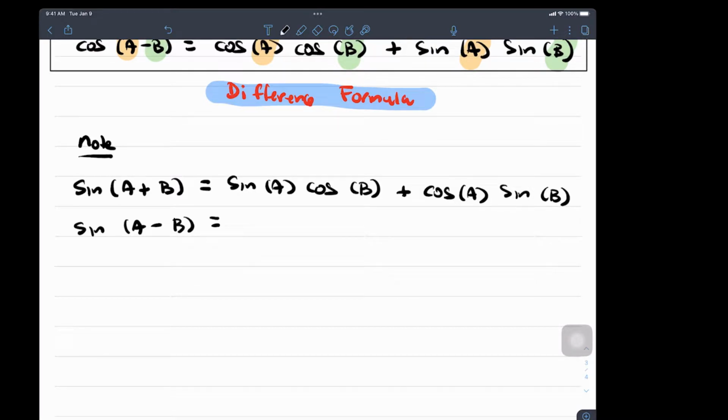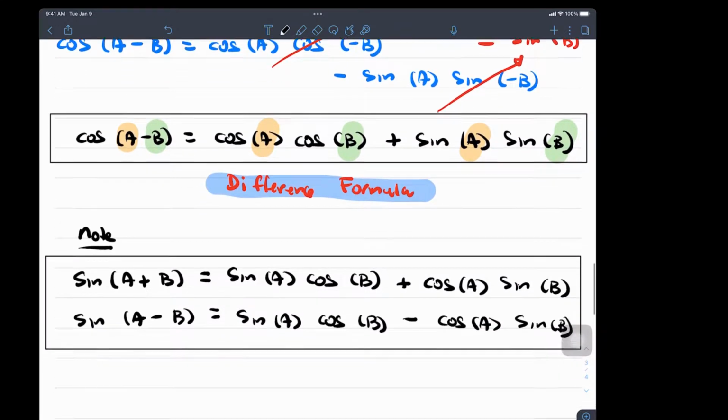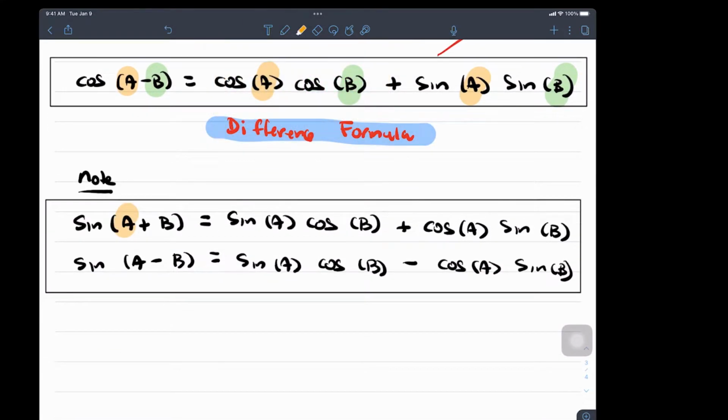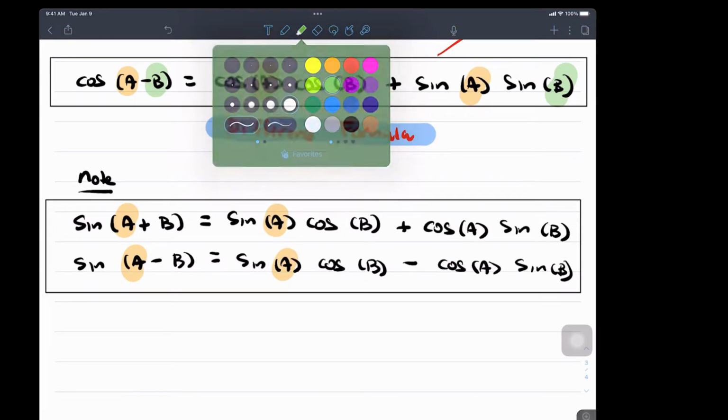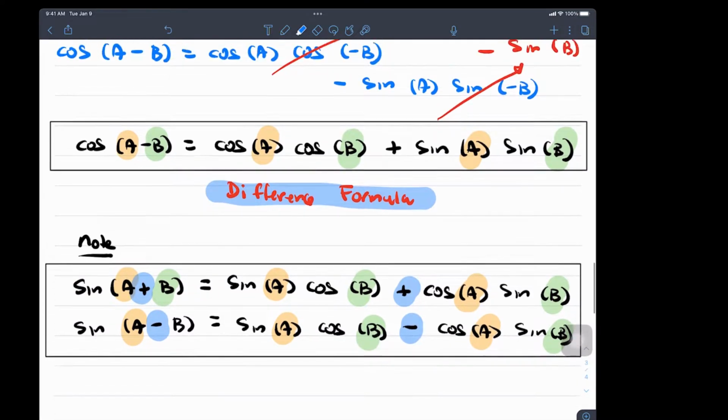Doing the same kind of thing, if you change B to minus B and use even and odd properties, you get sine A cosine B minus cosine A sine B. Plus plus minus minus. There you go.